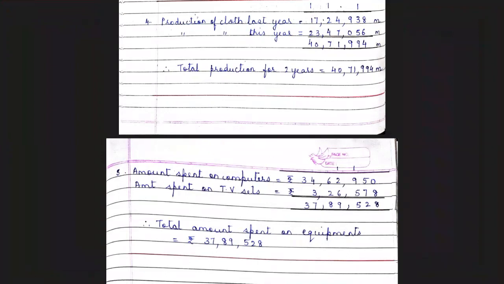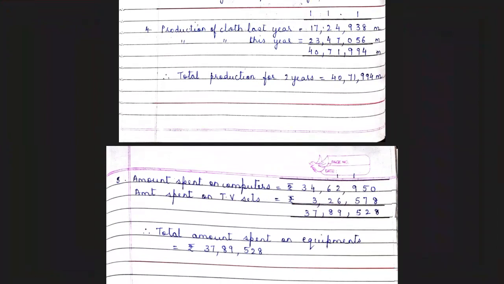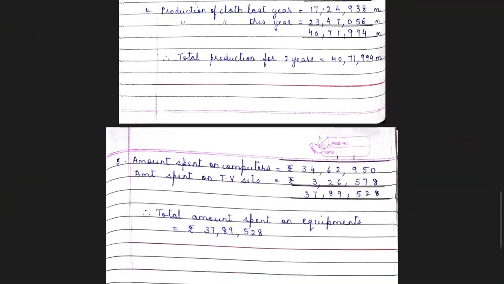Production of cloth this year, 23,47,056 meters. Therefore, total production for both the years, you will add both of them up. And so you get 40,71,994 meters. Children, I hope you are able to understand how to add it up, okay, and write your answer. And do not forget to write the final answer separately in a separate line at the end of the sum.